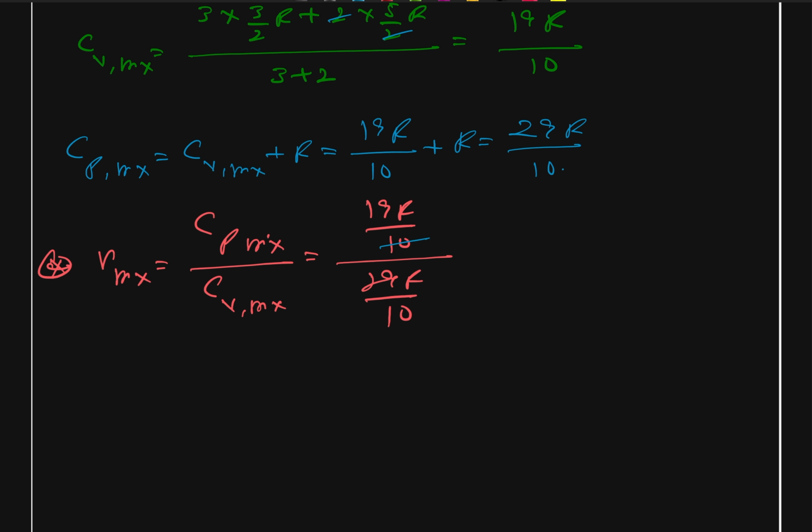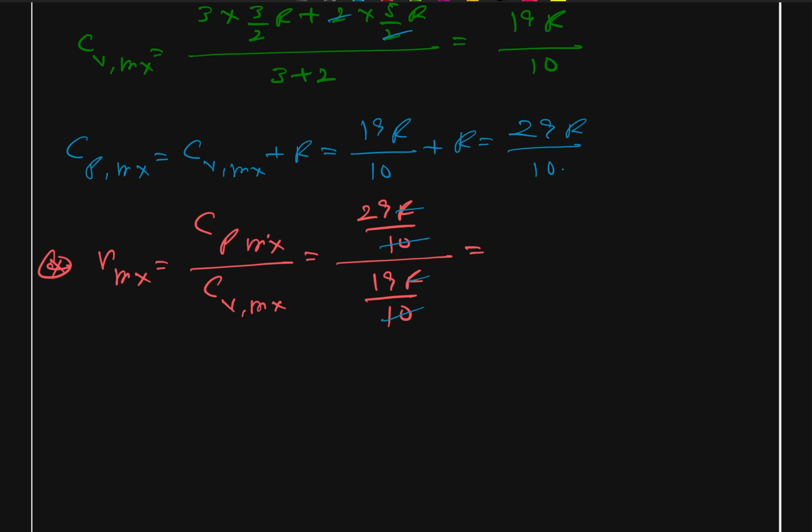R and R goes away. So this comes as our, sorry, I have written reverse. That should be equal to actually 29, and this will be 19.